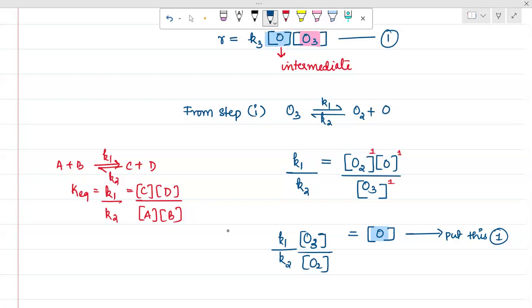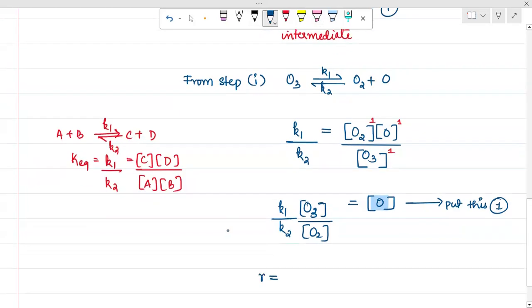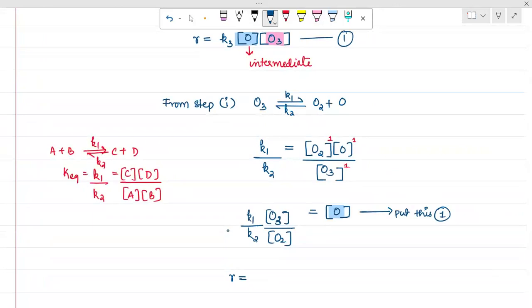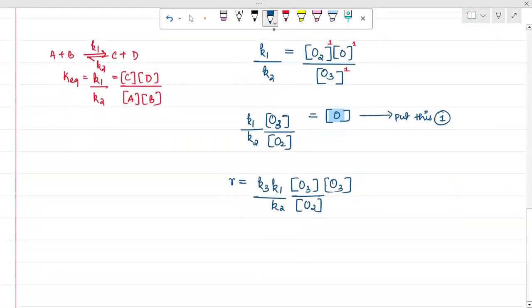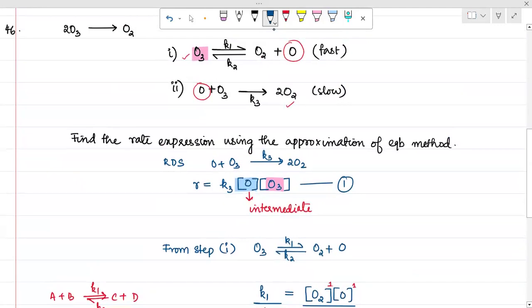So what do you get? R is equal to K3 into K1 by K2, concentration of O3 by O2, into, there is already an O3 in the expression. Or I can write R is equal to K3 K1 by K2 into concentration of O3 to the power 2, concentration of O2 to the power minus 1. This is the rate expression for the complex reaction which was given and approximated using equilibrium method.